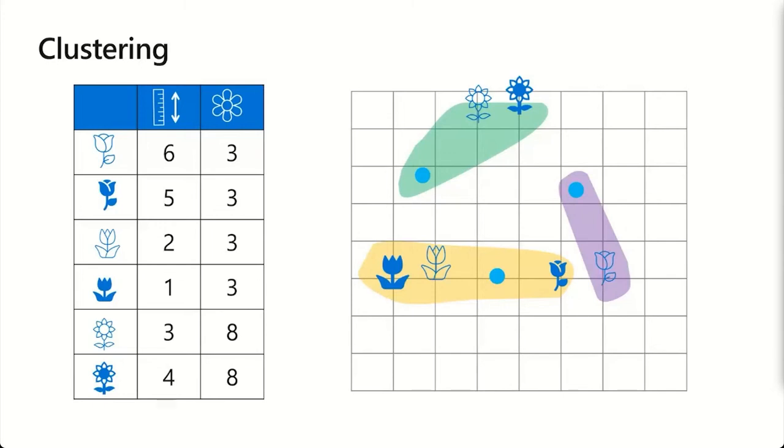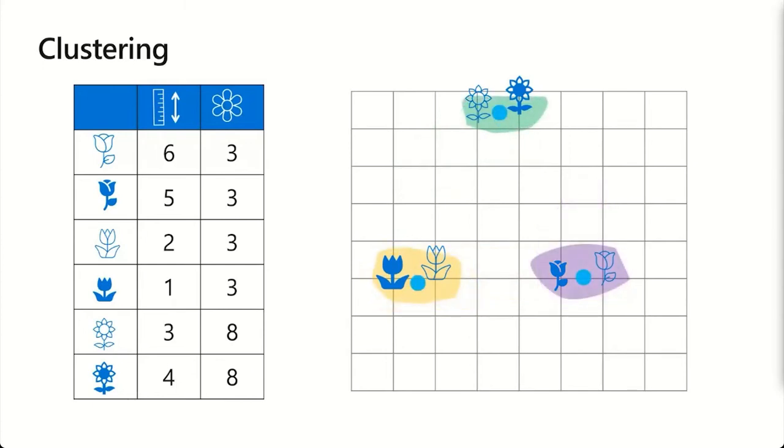This iterative process repeats itself until it stabilizes. And here we go. Now we see we found 3 groups, and we adjusted the centroids based on the mean distance. This clustering algorithm is called K-means clustering, and that is a simple example of clustering.